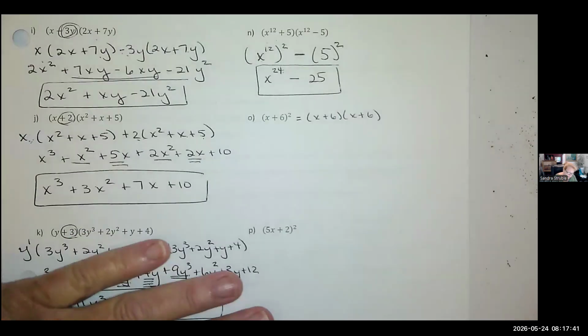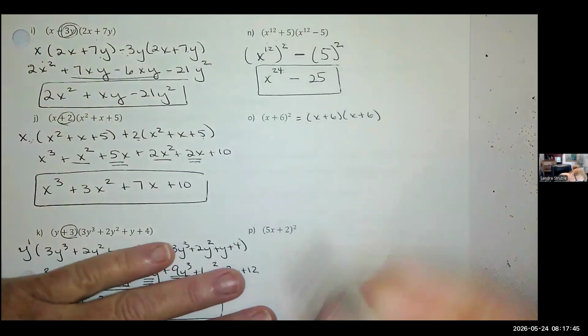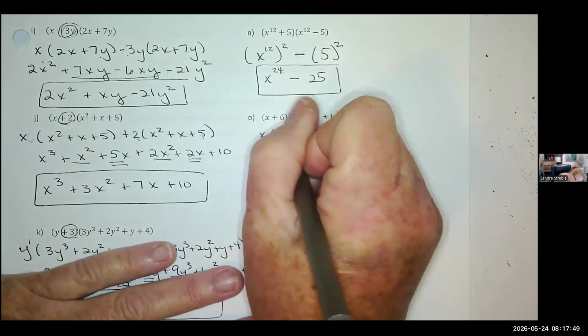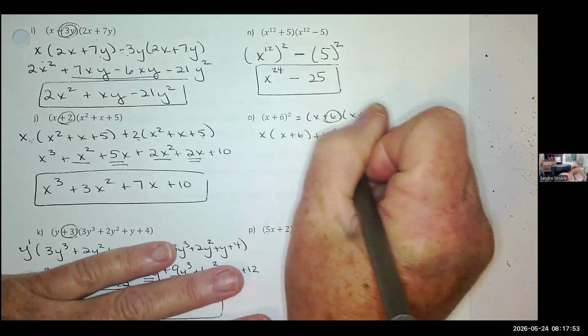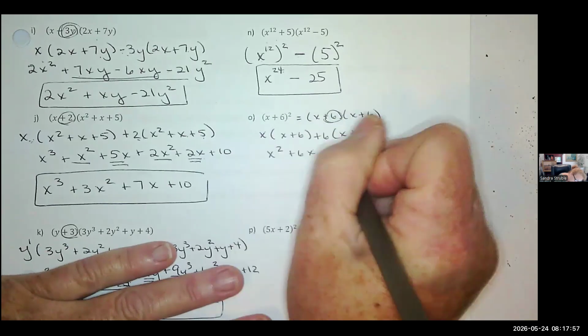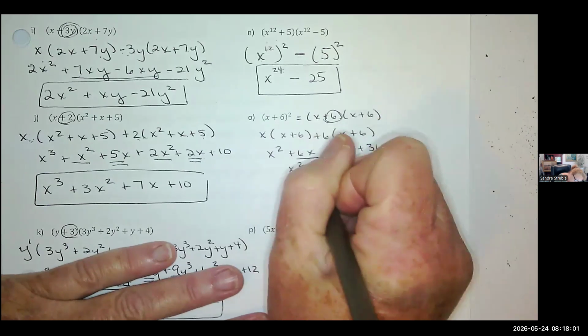Your choice. So I'm going to go ahead and do distribution. X times x plus 6 plus 6 times x plus 6 is x squared plus 6x plus 6x plus 36 is x squared plus 12x plus 36.